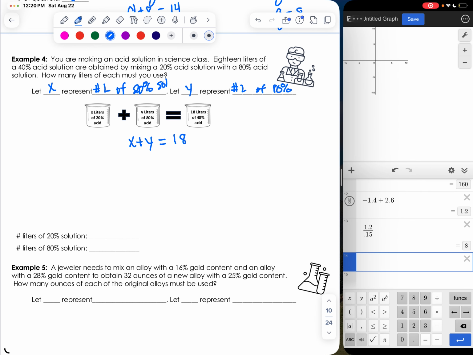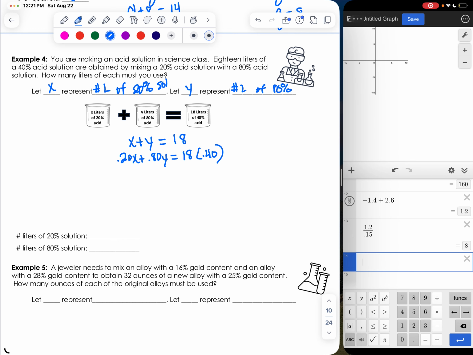Then we're going to write an equation for the value of each of those. So the 20% liters would be 0.20x plus the 80%, 0.80y, and then the value of the 18 would be 18, and we want it to be a 40% solution.